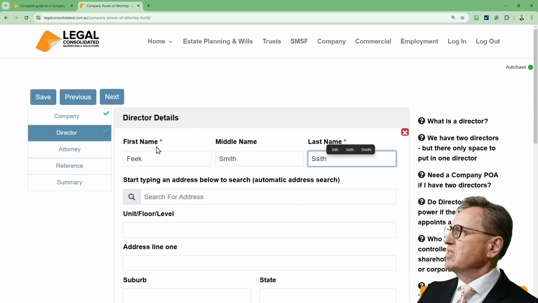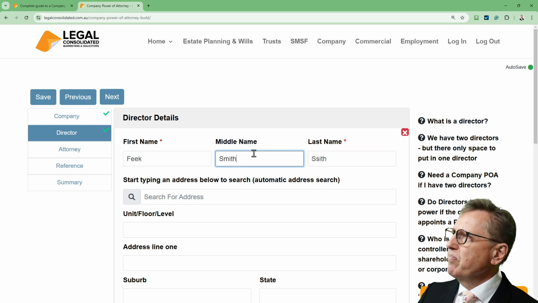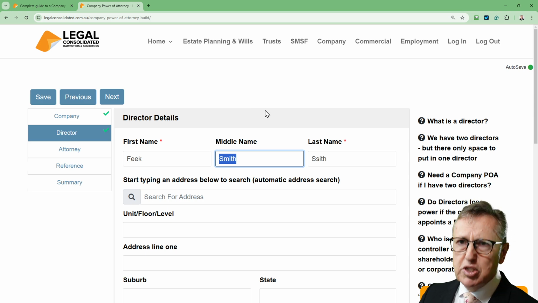Feek Smith Sis. He has a middle name, assuming Feek is a male's name, and you must put in middle names.